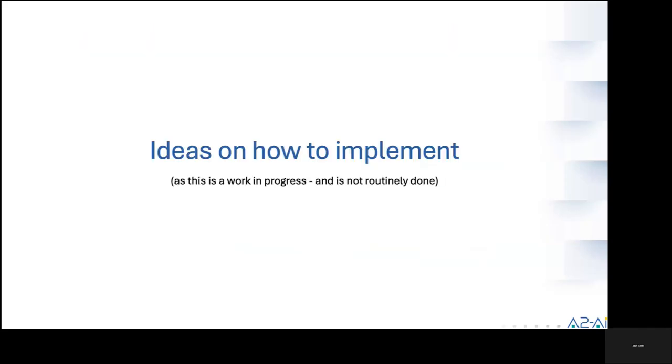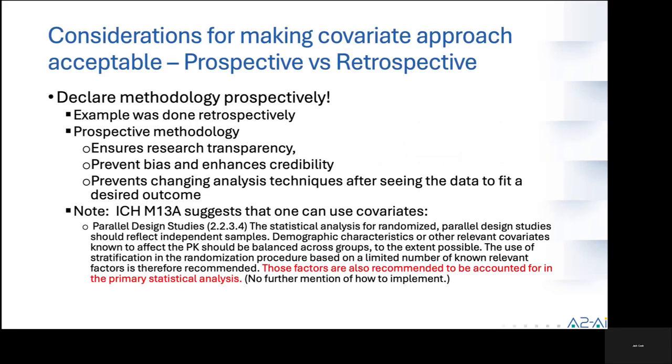Okay, so now some ideas on how one might implement the use of covariates. As I say, this is a work in progress because it's not routinely done. Well, one should consider doing this always from a prospective, not a retrospective point.